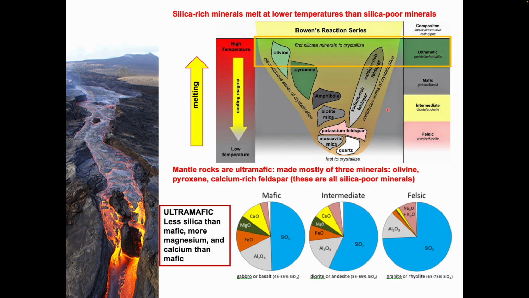We start with ultramafic rock from the mantle, for example, and it is made mostly of three minerals: olivine, pyroxene, and calcium-rich feldspar. These are all comparatively silica-poor minerals. And the lower in this chart you go, which also shows cooling magma, you get higher silica rocks as you go down. All the way at the bottom, quartz is 100% silica. We will talk more in detail about this as this course goes on.